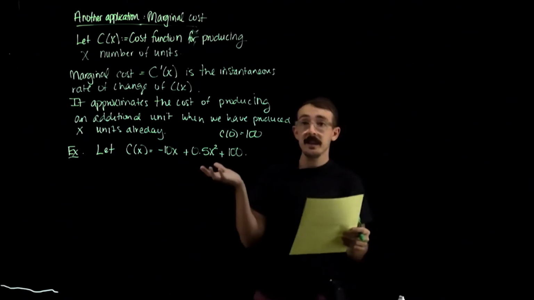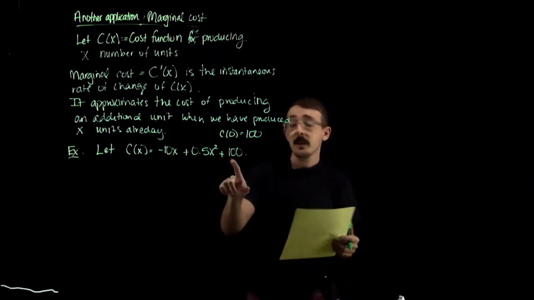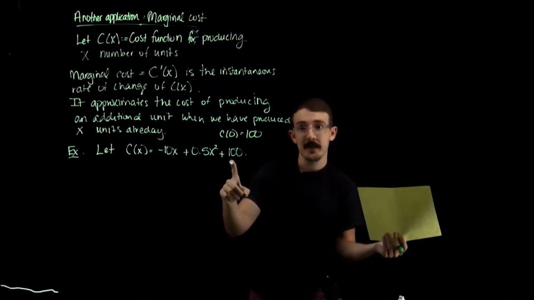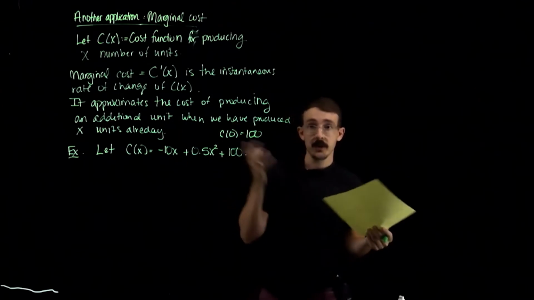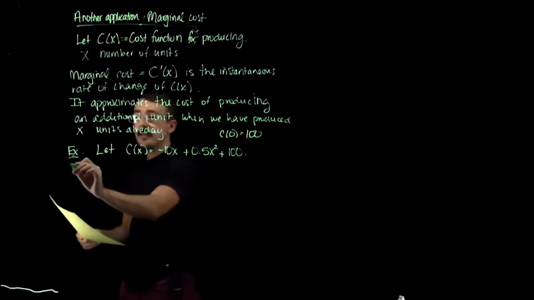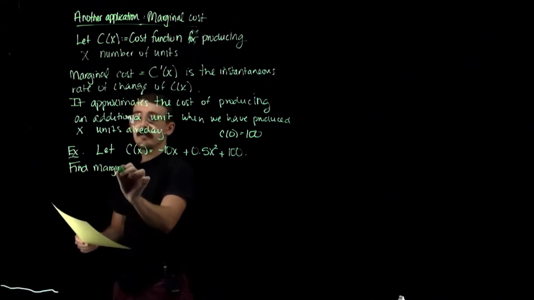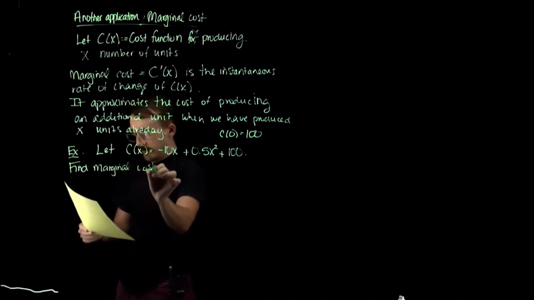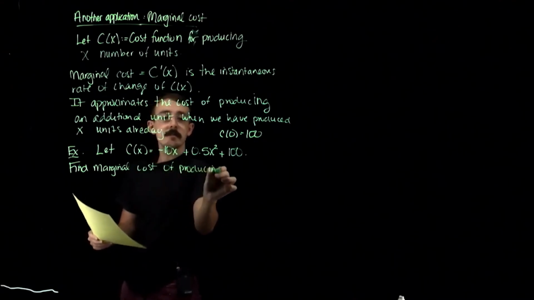You might interpret that as, if they just let their factory sit and didn't produce anything, it would cost 100 to pay the rent or something like that. So if they produce nothing, it would cost 100. OK, so first we're going to find the marginal cost of producing 50 goods.